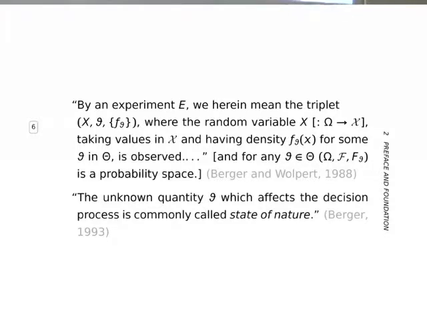And the first question is, what is this mysterious theta? So Berger defines theta as the unknown quantity which affects the decision process, and it is commonly called the state of nature. So theta is the state of nature, which is quite presumptuous, but this is the definition.